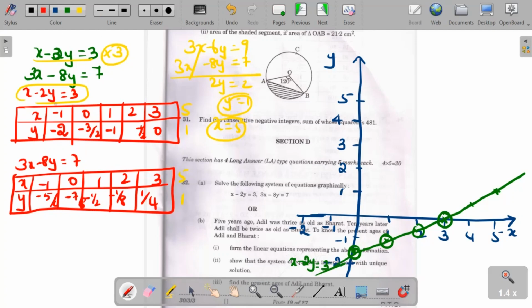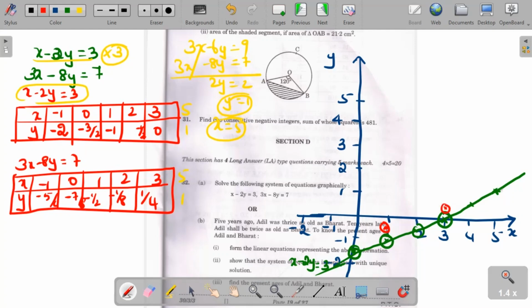Now let's plot the other line. x is equal to minus 1 means y is equal to minus 5. It's somewhere below, so I'm going to skip that. I'm starting with x is equal to 1, which gives y equal to minus half, so the point will be somewhere here. For minus 8, I don't know how difficult it is going to be to mark, so I'm skipping it. For x is equal to 3, y is going to be 1 by 4, so even less here.